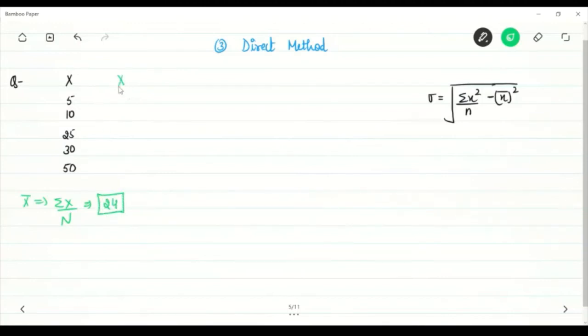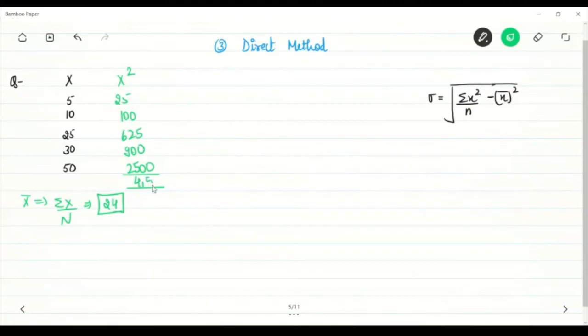Now we require x square. So x square is 25, 100, 625, 900 and 2500, and we require the summation of these values. The value that we get is 4150.